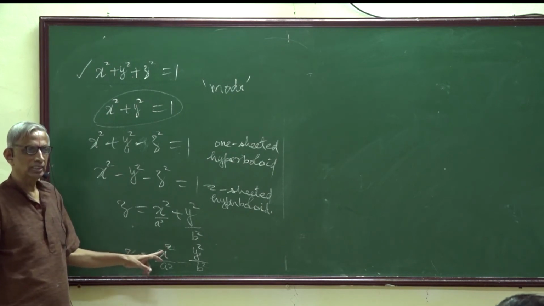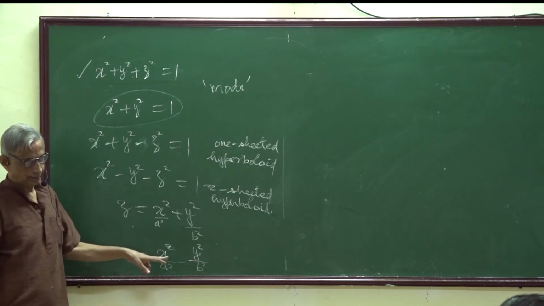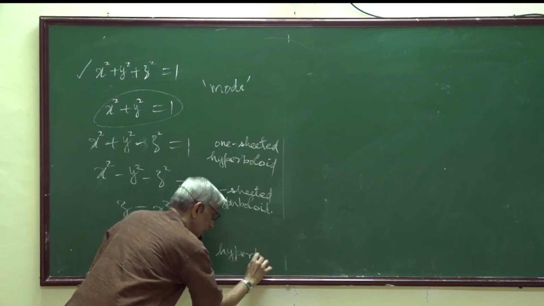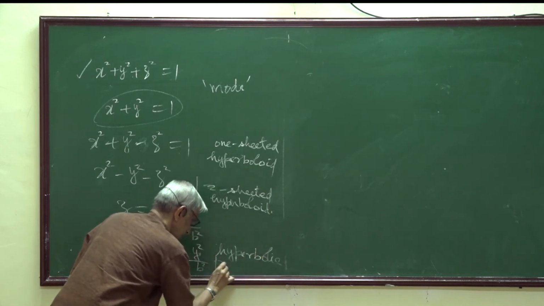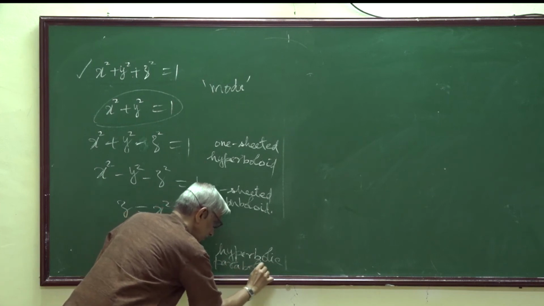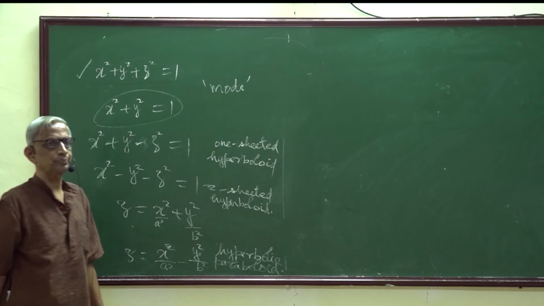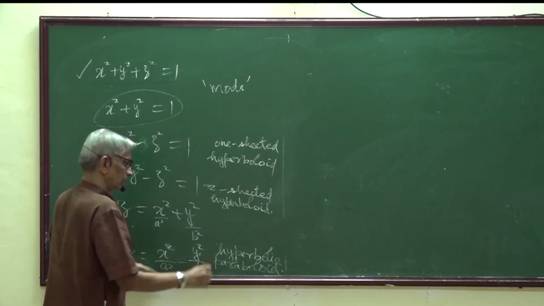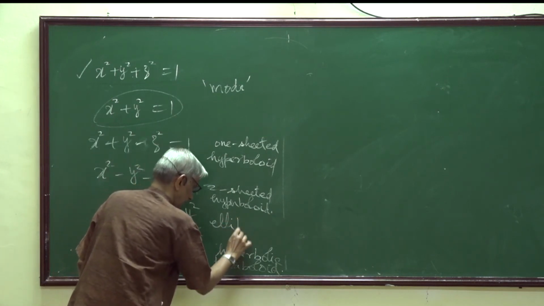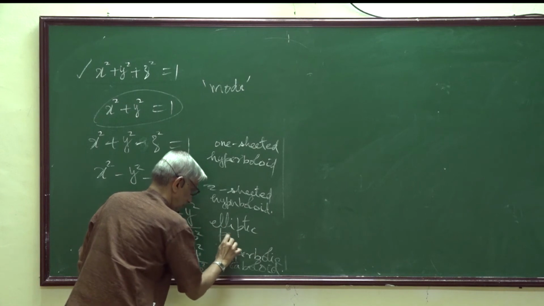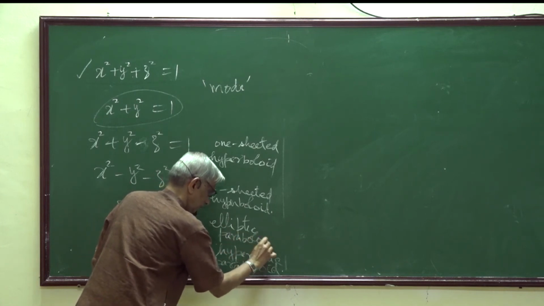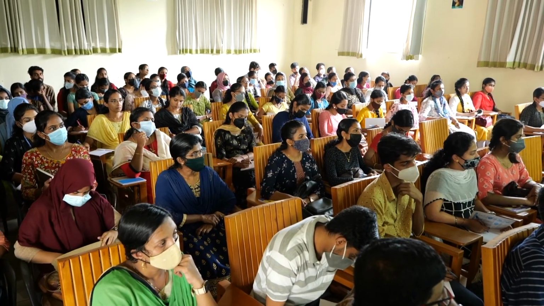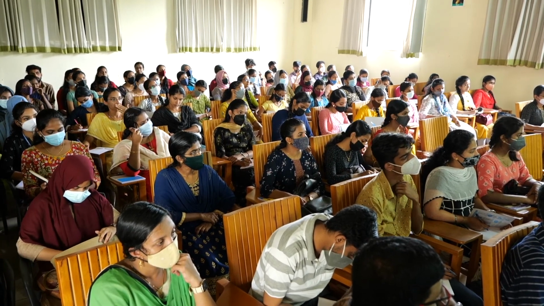So this is what is called a hyperbolic paraboloid. In the same way, this is an elliptic paraboloid. When you take A equal to B, you get circular paraboloids of revolution.